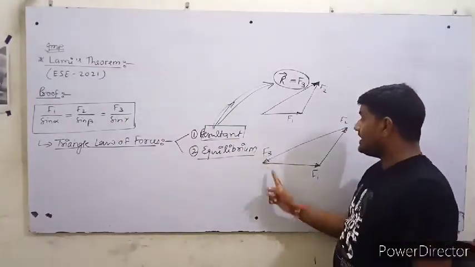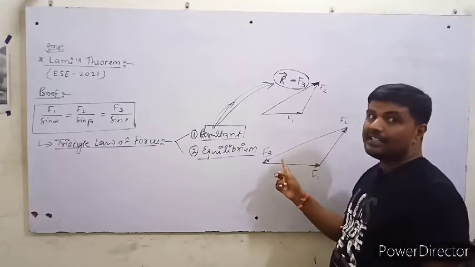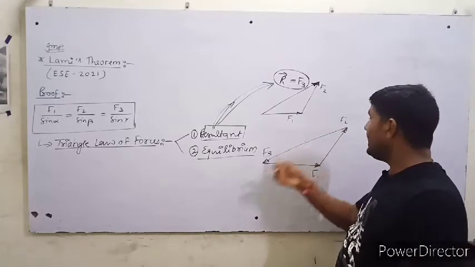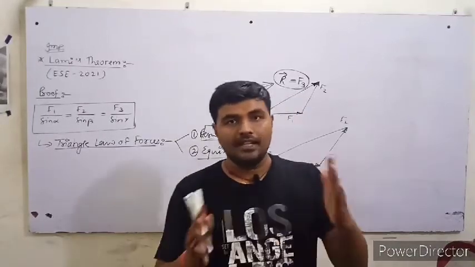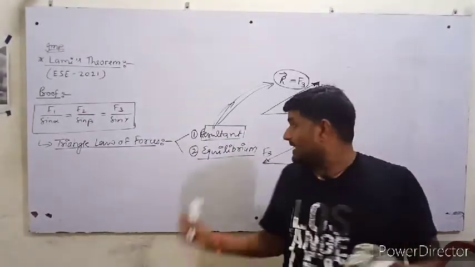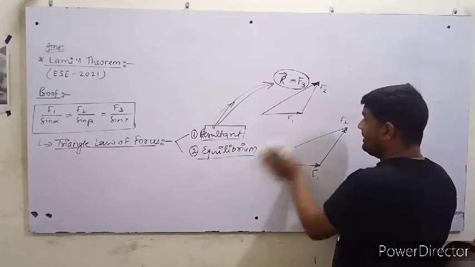What this statement said: if three forces are represented by the three sides of a triangle taken in a cyclic order, then all three forces will be in equilibrium. So let's prove it.